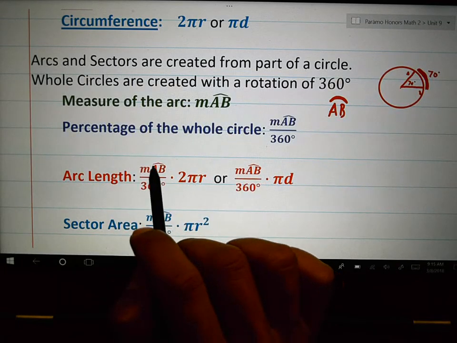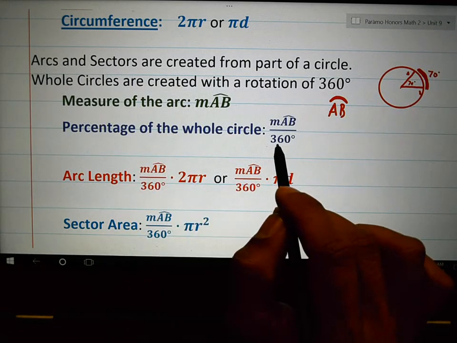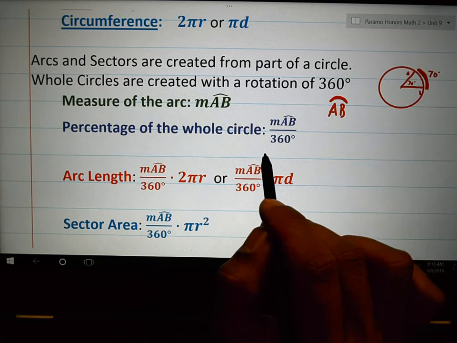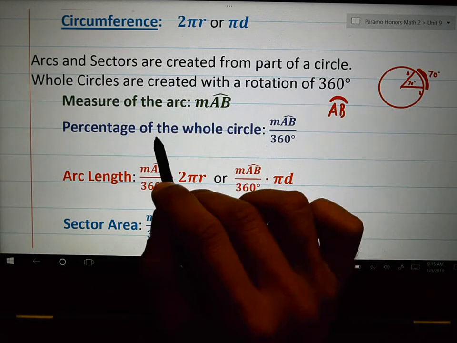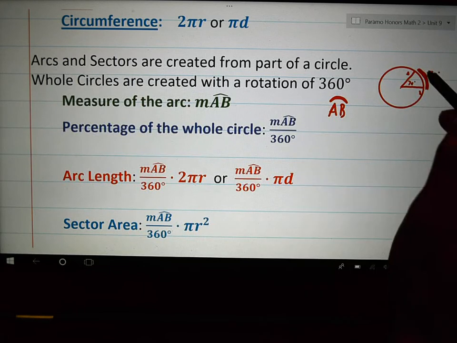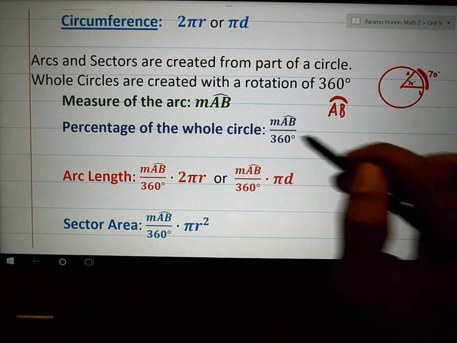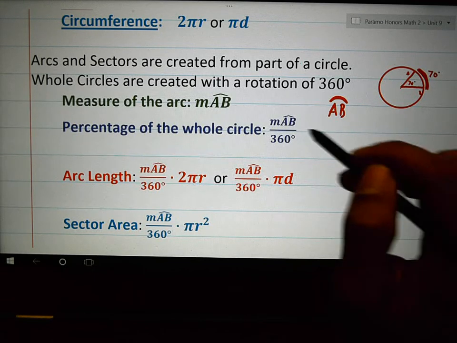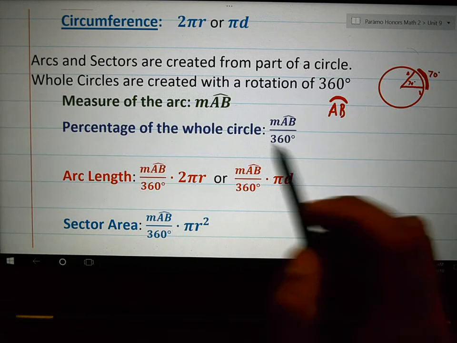Sometimes we're going to be dealing with half circles or a quarter of the circle or what have you. So if you want to figure out what percent of the whole circle it is, you just take however many degrees you have and divide it by 360. That's the percent of the whole circle.